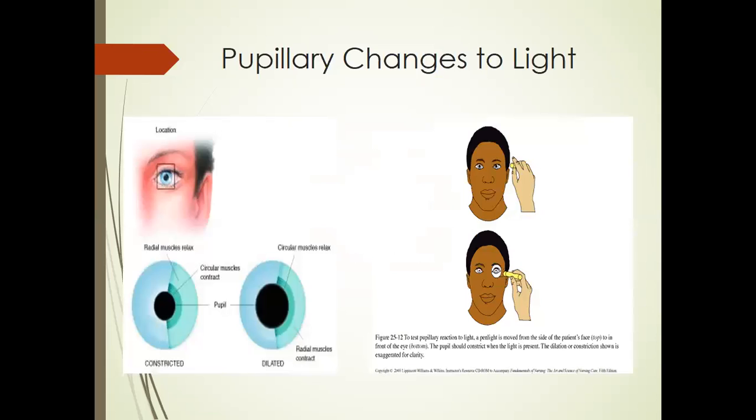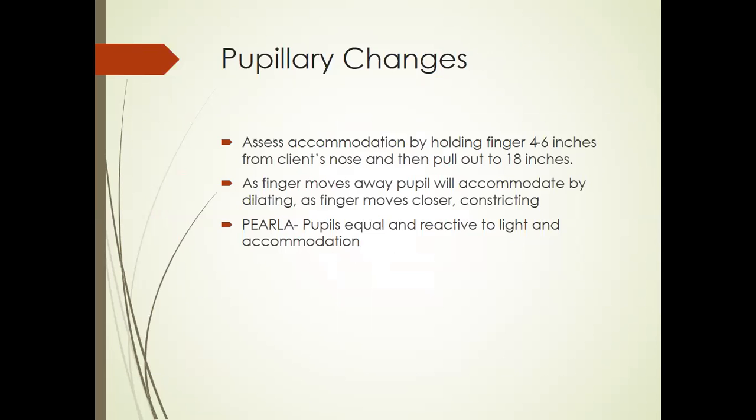Now, pupillary changes to the light. You can see in this picture how people respond to the light. Now, pupillary changes. Assess accommodation by holding a finger 4 to 6 inches from the client's nose and then pull out to 18 inches.